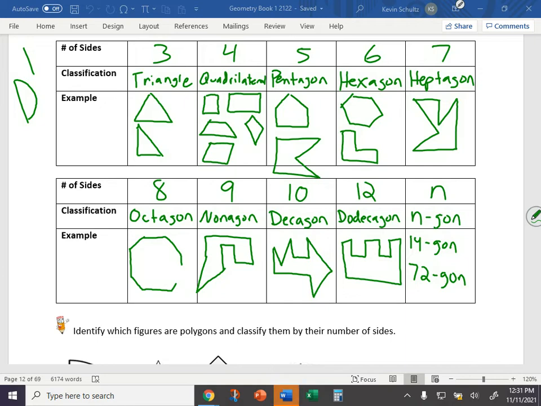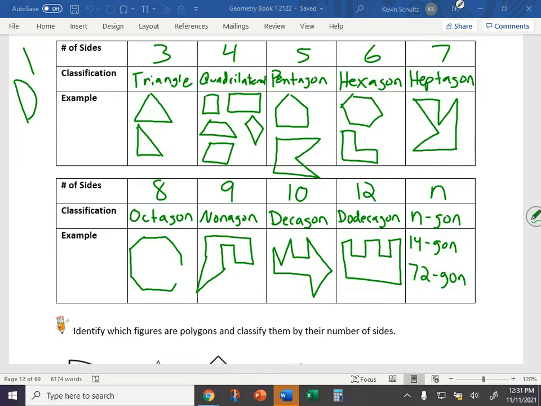There is an 11. It's just an 11-sided figure is used so uncommonly. To be honest, I don't even know because it's just called an 11-gon. It does have a name, like a 13-gon does have a name. Technically, you could, which is why on your test, it's going to say classify most specifically.